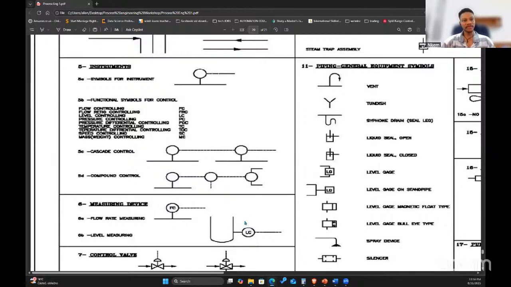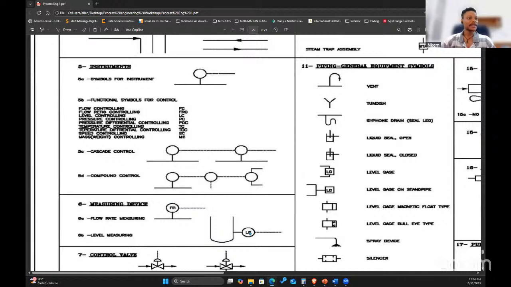Today we're just seeing symbols, but we're going to see images so that we can have a pictorial imagination of what it looks like for those of us that haven't seen it. Most of us must have seen it, but for those who have not seen it before, we'll have the opportunity to see it live, and it's going to feel like you've worked in the plant, especially when you go for interviews, the way you're going to speak. You speak like someone who has some experience.